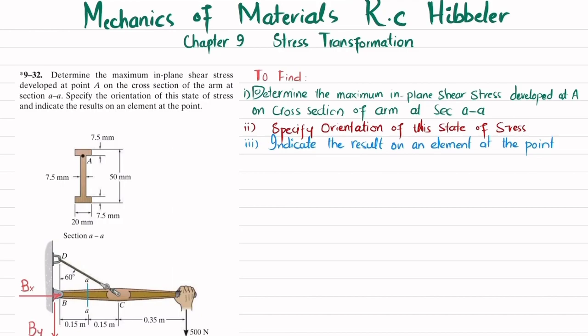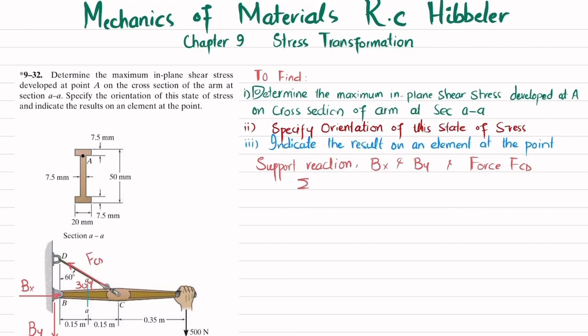And the rope exerts a force in this direction, which is FCD, and this FCD makes an angle of 30 degrees with this arm. Clear? So we will find these support reactions, Bx and By, and the force in the rope, FCD, by using the equations of equilibrium.